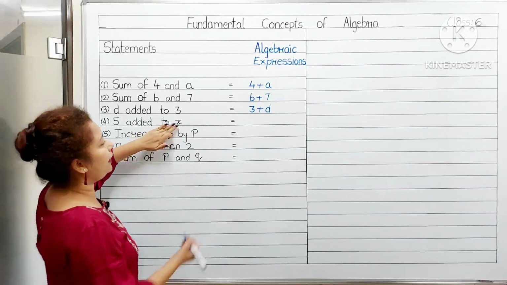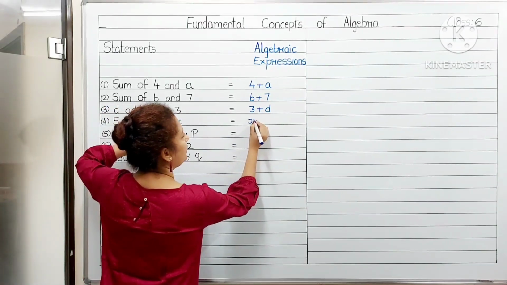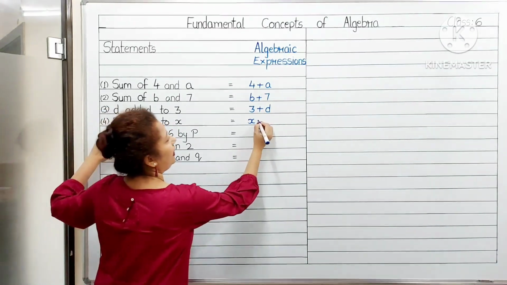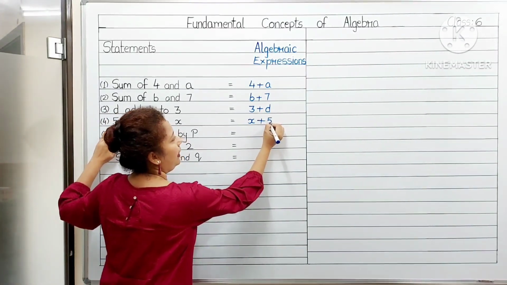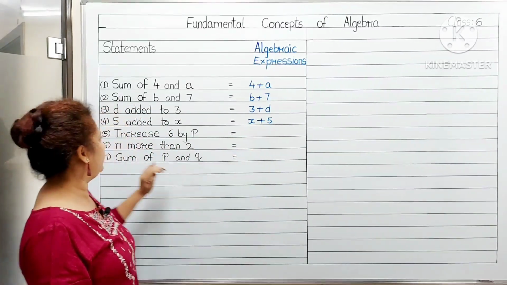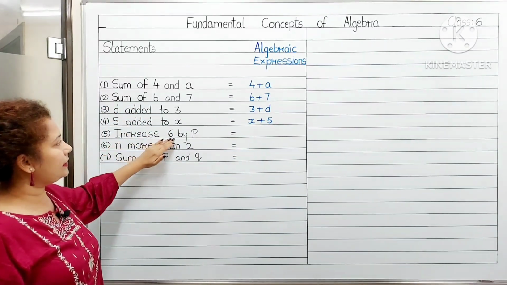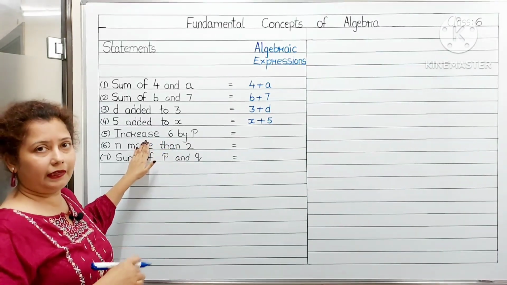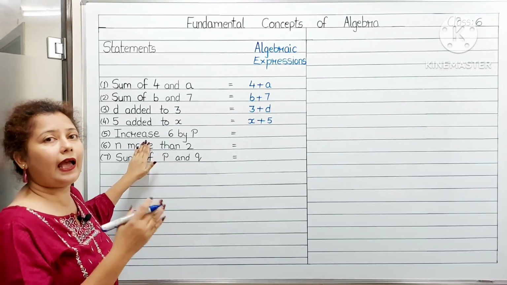So here first we will write x and to this x we will add 5. So the algebraic expression will become x plus 5. Increase 6 by p. Again, when we increase something, that means we add.